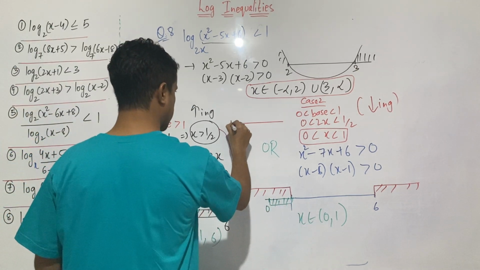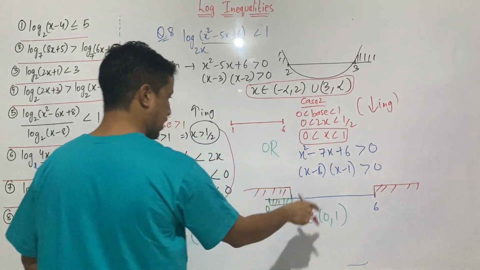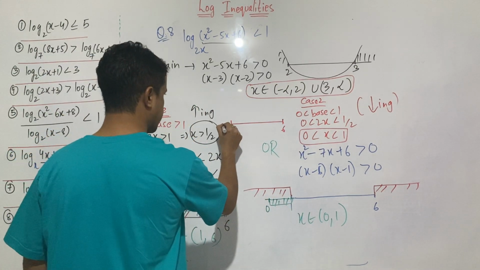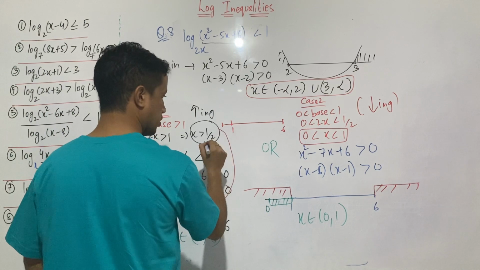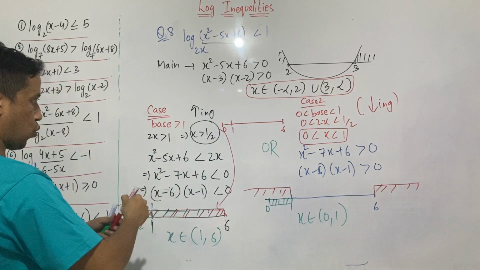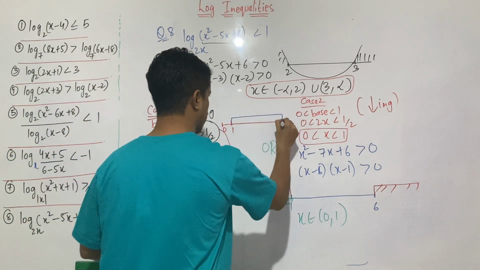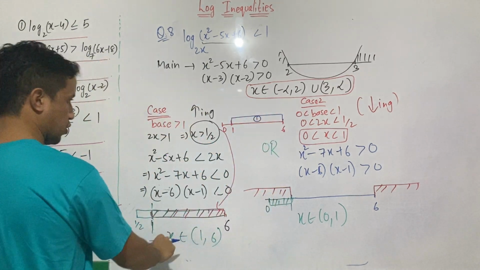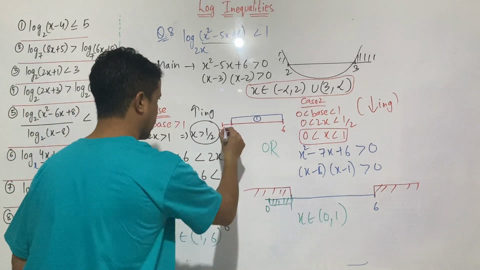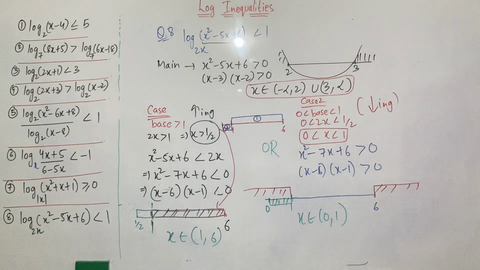This is 1, this is 6. This one represents 1 to 6. This is case number 1, and this is 0 to 1, case number 2.